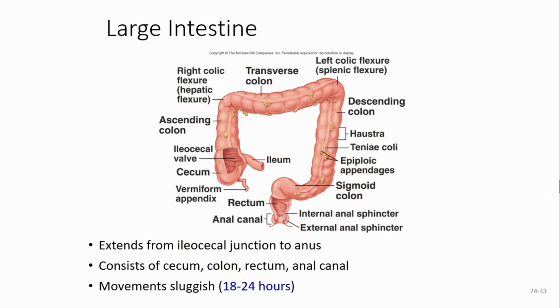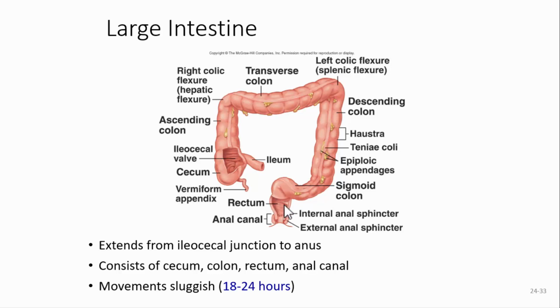Okay, the large intestine extends from the ileocecal junction here, the ileocecal valve, to that planet near Neptune, you guessed it, Uranus. And it consists of the cecum, which is this blind pouch, the colon, which we have the ascending colon, the transverse colon, and the descending colon and the sigmoid colon.